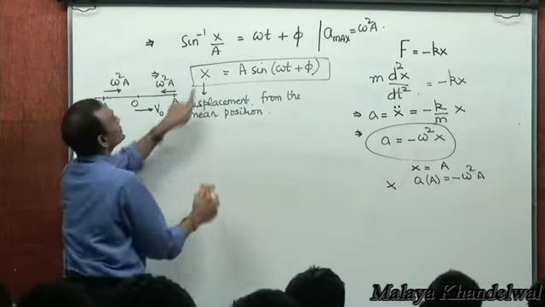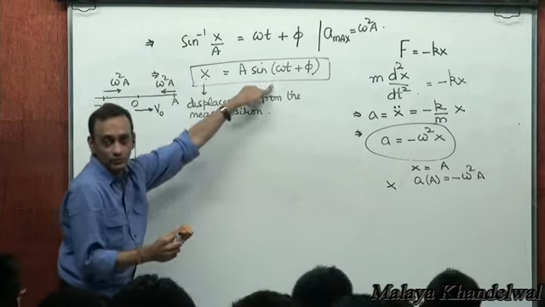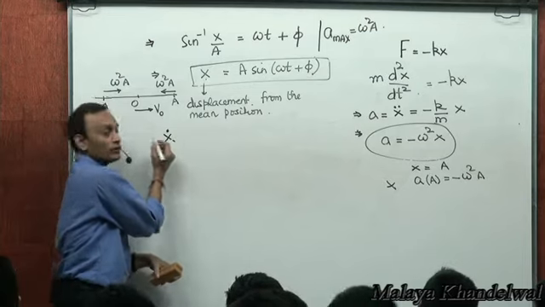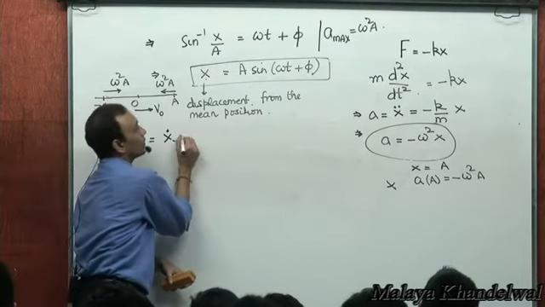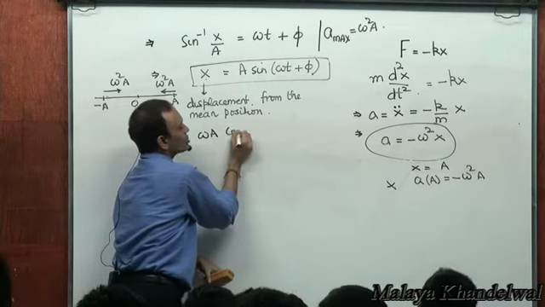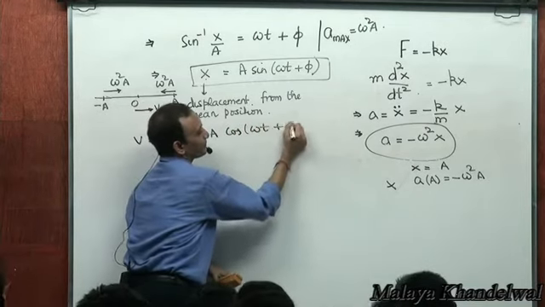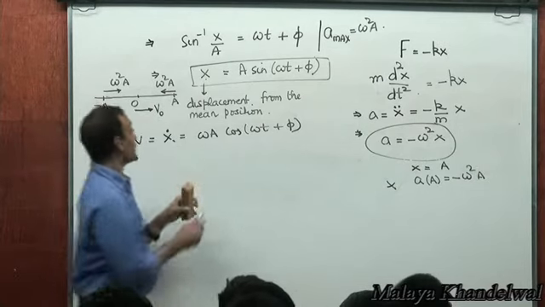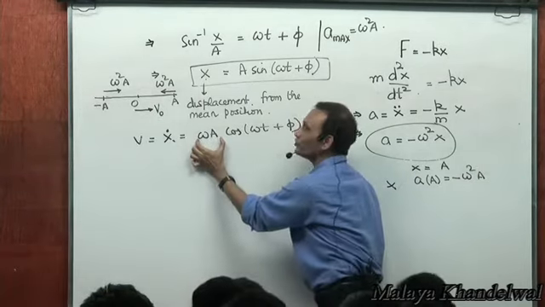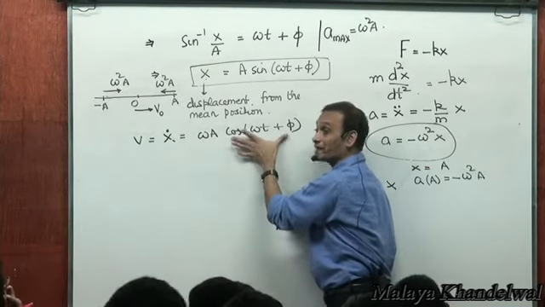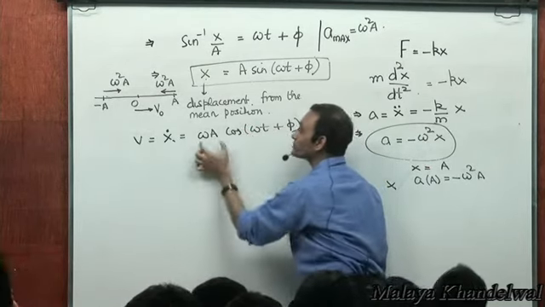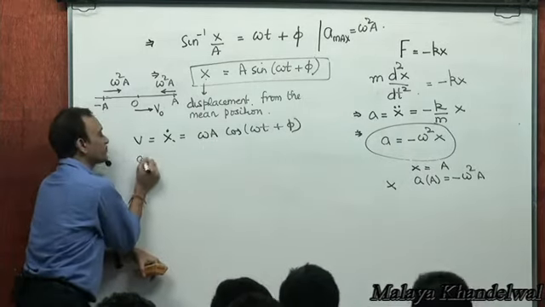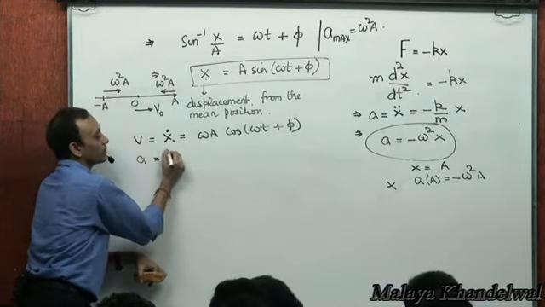Now, if I differentiate this with respect to time, this is x versus time for the oscillator, I get the velocity v, which is omega a cos(omega t plus phi). Again you can see that maximum v would be omega a, because the maximum value of cos would be plus 1. Now acceleration would be x double dot.